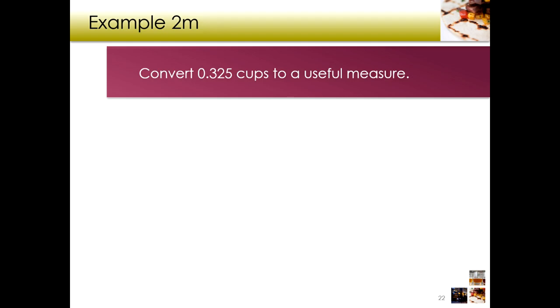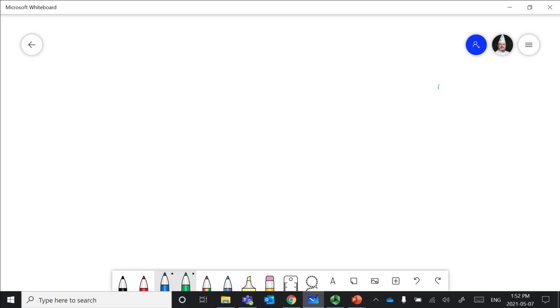So the next example I've got is converting 0.325 cups to a useful measure. What would be a useful measure in this instance? How could we measure 0.325 cups? Well, I'm probably thinking 1/2 a cup or 1/3 of a cup. We know 1/4 of a cup is 0.25.